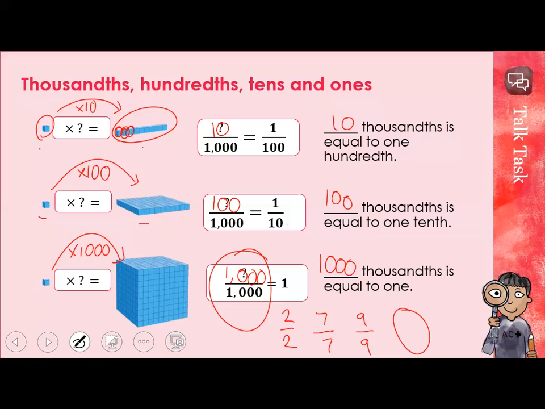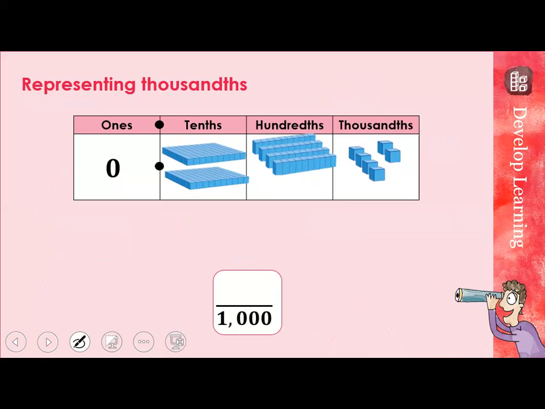Let's say we split that into quarters and I ate all 4 of the quarters. I've eaten the whole pizza, haven't I? So when my numerator and denominator are the same number, that means that my fraction is equal to 1.